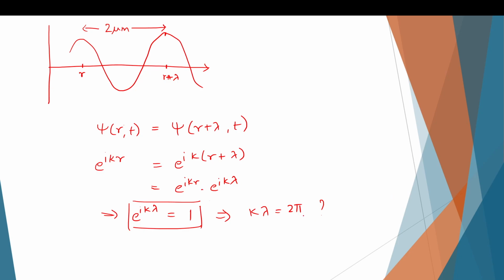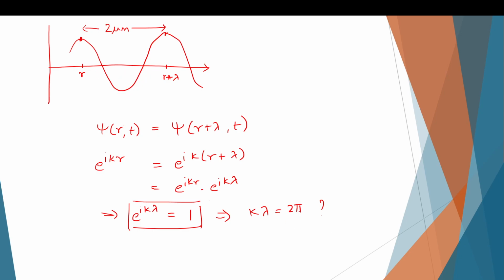But why am I writing here 2 pi? That is primarily because psi has the same magnitude here and here, but it does not have that same magnitude anywhere in between, right?